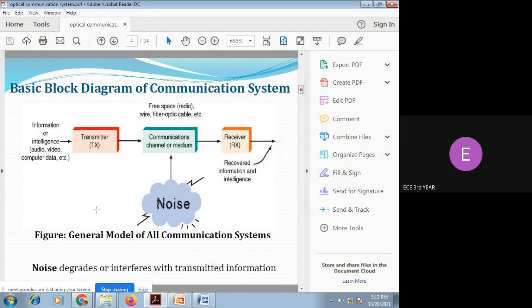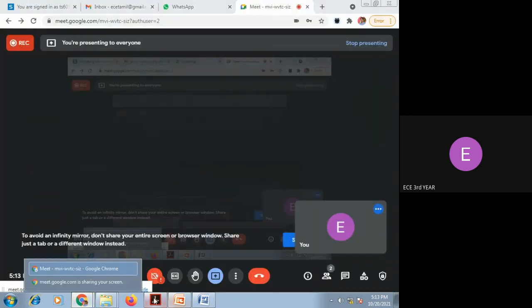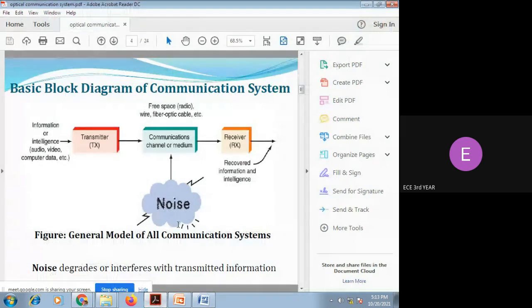The input of the transmitter is the information source, that is, which signal we are going to transmit, that is the information signal. Examples: our voice signal, audio signal, video signal, computer data, traffic signal, like those signals.